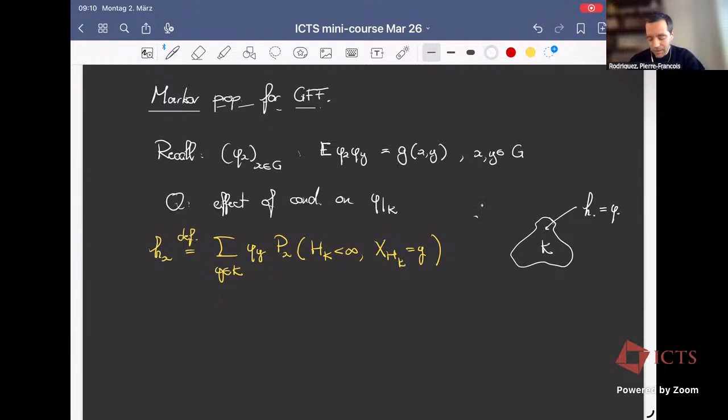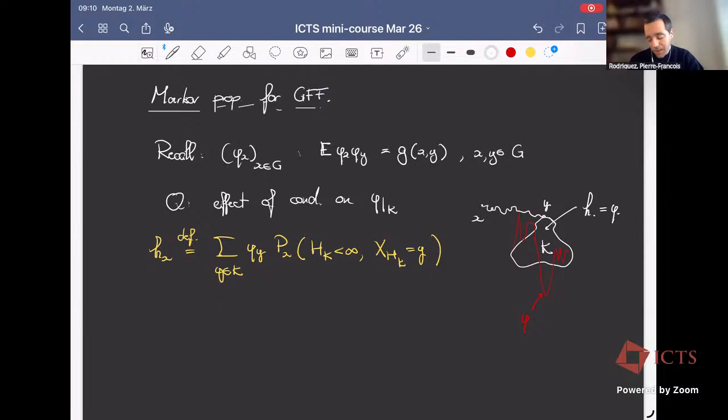But the interest is when x is outside. Inside of K you have your Gaussian free field, which is doing something; this is what is supposed to represent phi. What h_x does is it looks at the probability for a random walk to enter K through any particular point y, and then takes the value of the field there.